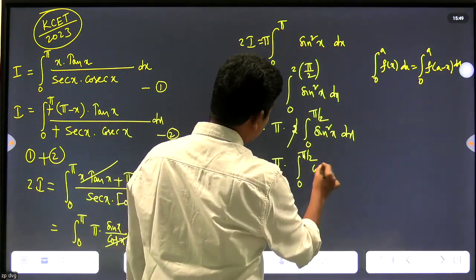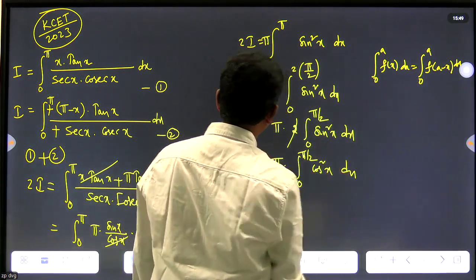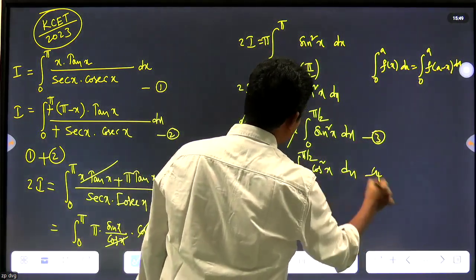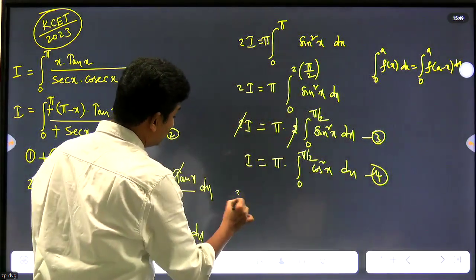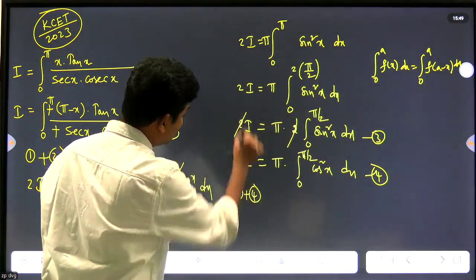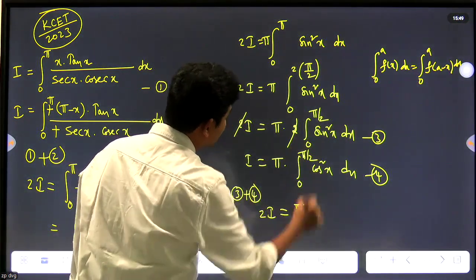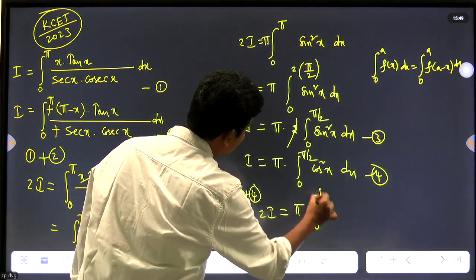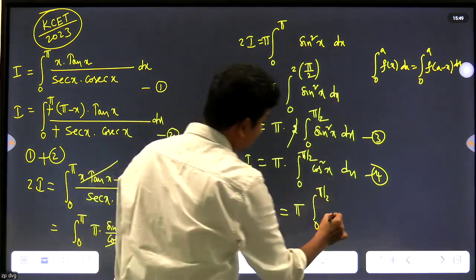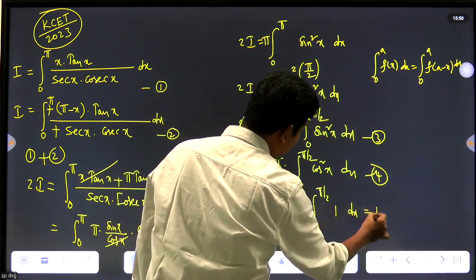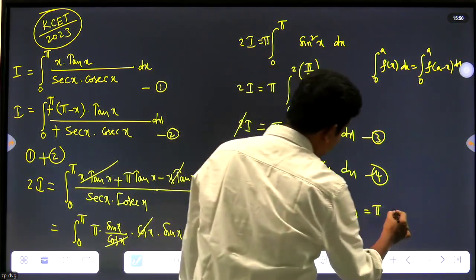So this will become cos square x dx. Now you take this as equation 3, you take this as equation 4, you add 3 and 4, what you will get? 2I equal to pi, you take common, 0 to pi by 2. What you will get here? Sin square x plus cos square x. Sin square x plus cos square x is what? 1 dx.